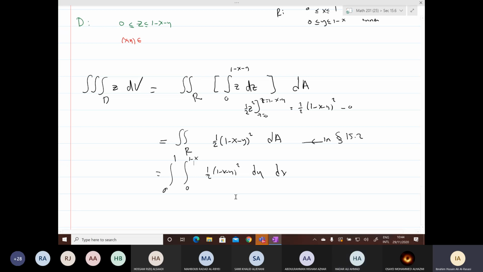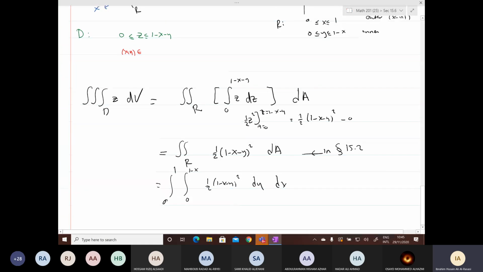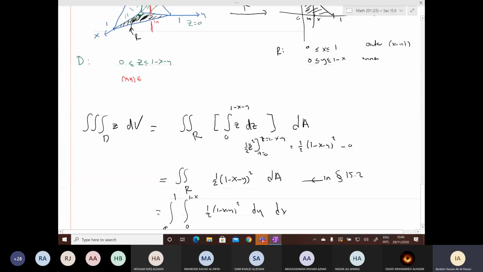You notice an important point here: after you integrate the inner integral, you will end up with a double integral. And to set up the double integral, I have to use the previous section.